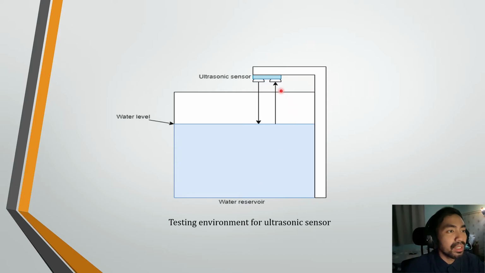This is where we place the ultrasonic sensor on top of the water reservoir, so it can transmit to get a reading and retrieve the data. It will detect the water surface to get the water level.